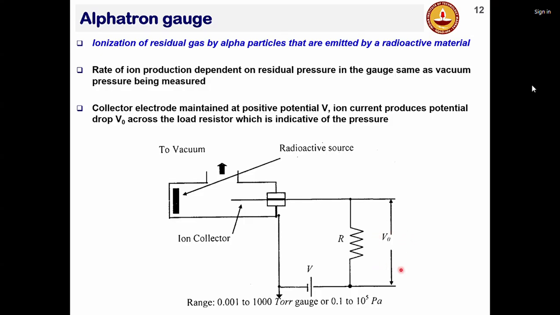This output voltage is related to how many ions land in the circuit, which is again related to the pressure of this medium. The range of pressure that you can measure is typically between 10⁻³ to about 10³ torr.